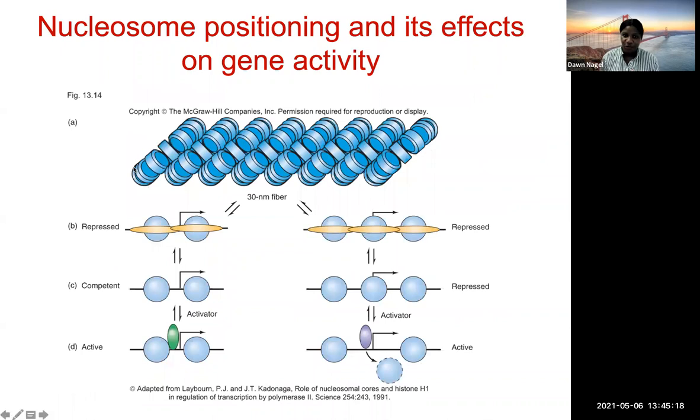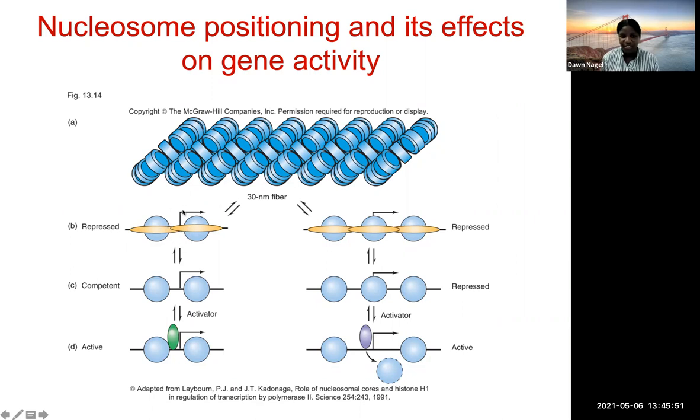Now look at how those nucleosomes are compacted and how they're able to regulate gene expression, or the effects they have on gene activity. In this case, you have a highly compacted 30 nanometer fiber. In this state you have a repressed state, because you have your nucleosome, your DNA, and your H1.